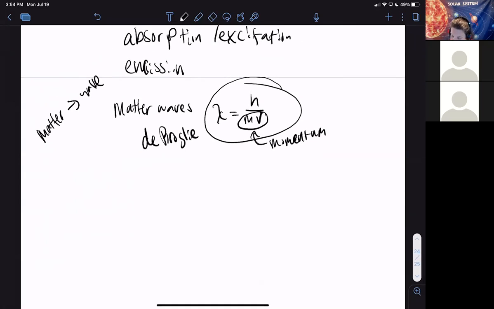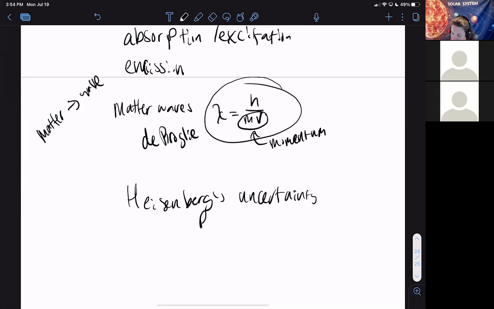Then we have Heisenberg's uncertainty principle. So it basically brings in the idea that if electrons are behaving as waves, then because waves propagate out into space, if we know its energy, we can't precisely know its location. So you can't know location and energy of an electron at the same time.